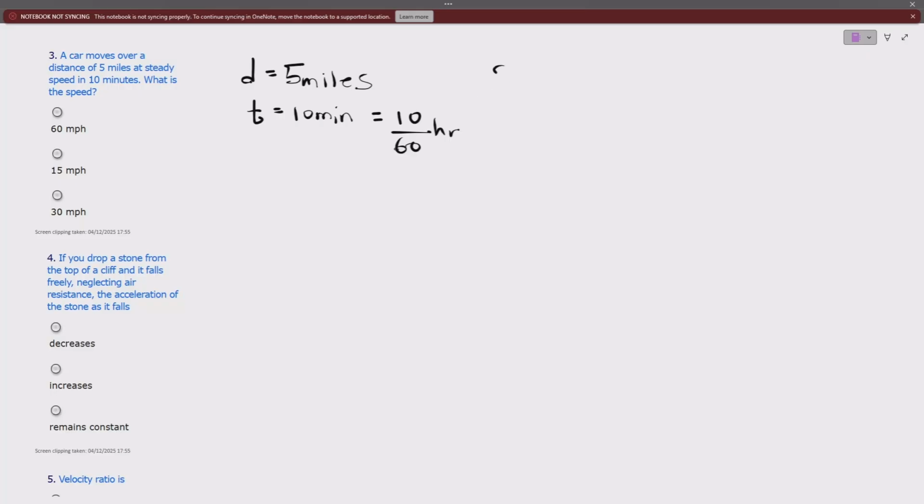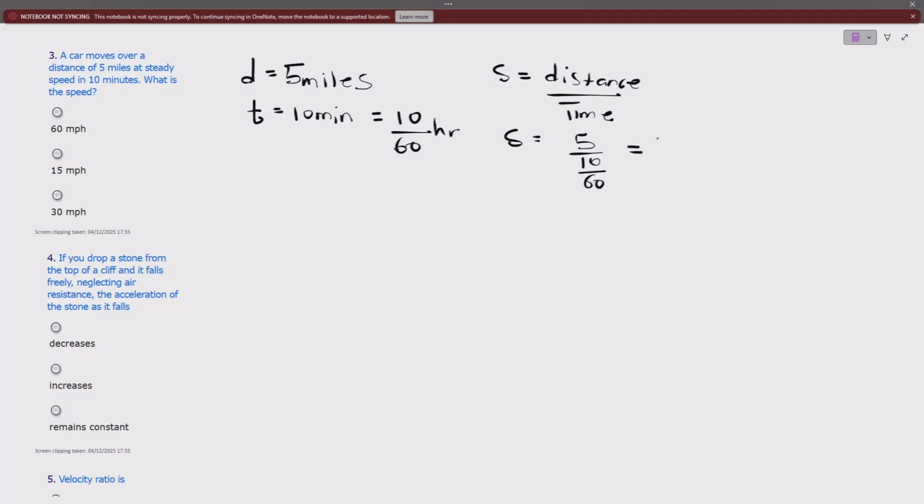So speed equals distance over time. Speed equals 5 divided by 10 over 60.